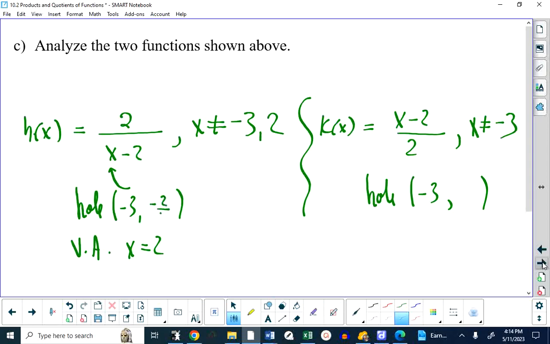So negative 2/5 is the y-coordinate of the hole there. If we put this into the x-coordinate for k of x into the simplified form, we get negative 5/2. That shouldn't be a surprise that the y-coordinates of the holes are reciprocals because those two functions are reciprocals of each other.